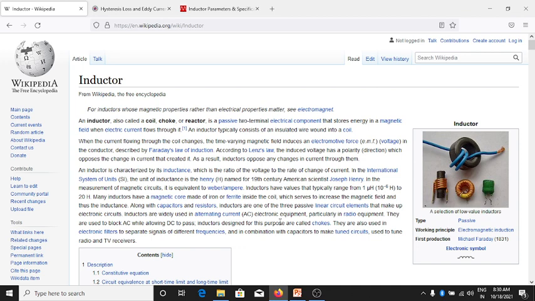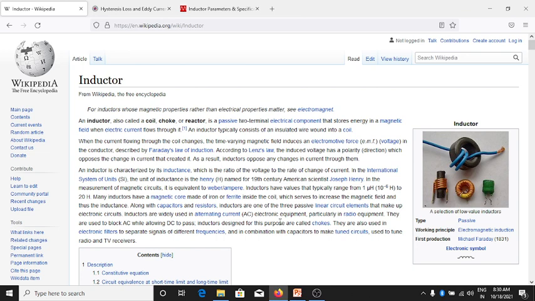An inductor typically consists of insulated wire wound into a coil. Clear? Other names are coil, choke, or reactor. It is a passive two-terminal electrical component. It has two terminals.